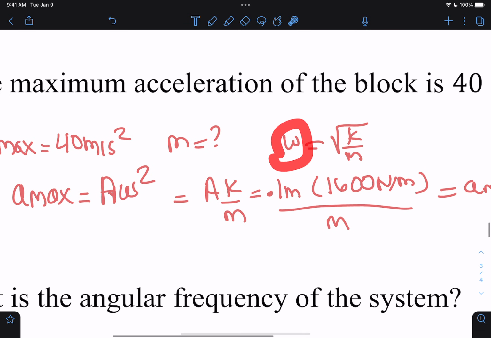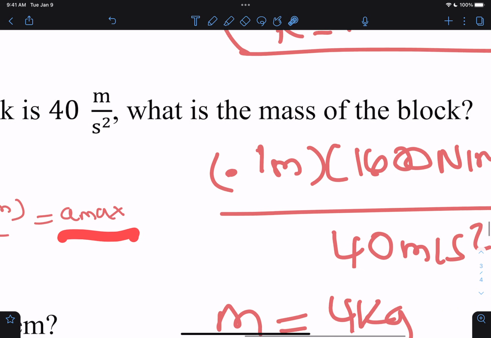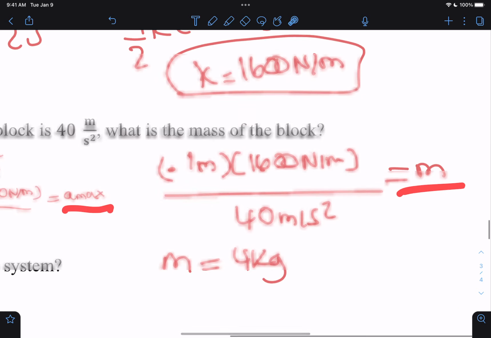The angular frequency is a function of the square root of the spring constant divided by the mass. So if we plug in the angular frequency and square it, if we square root K over M, that'll just be omega squared. Then we're left with K over M, multiplied by our amplitude. Our amplitude from the graph, we figured out to be 0.1 meters. If we multiply by the spring constant and divide by the mass, that gives us our maximum acceleration. And then if we rearrange the equation to solve for the mass, that's how we can do it.